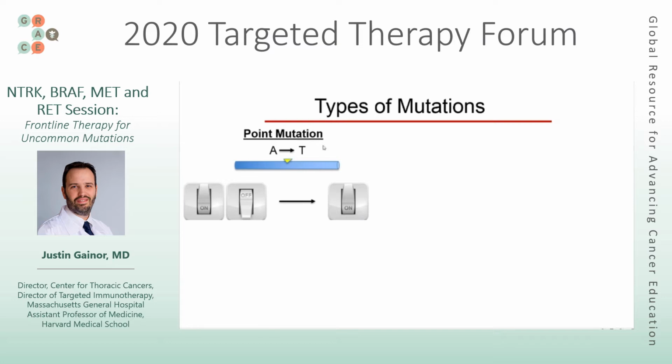So the simplest type of genetic alteration is called a point mutation, and it's just that. Imagine, here's a gene, so a long segment of DNA, and there's just like one little change at one position. The analogy I give to my patients is imagine a street, okay?